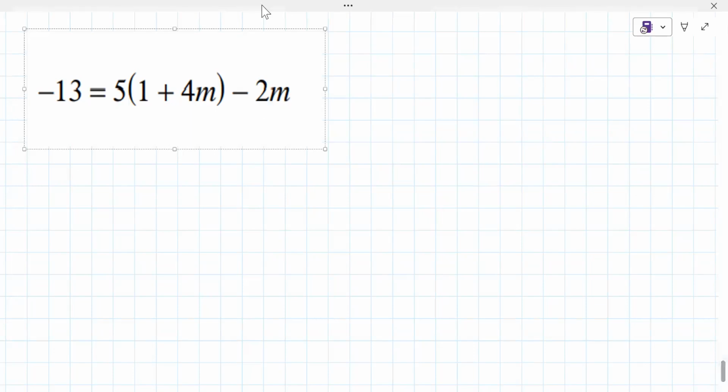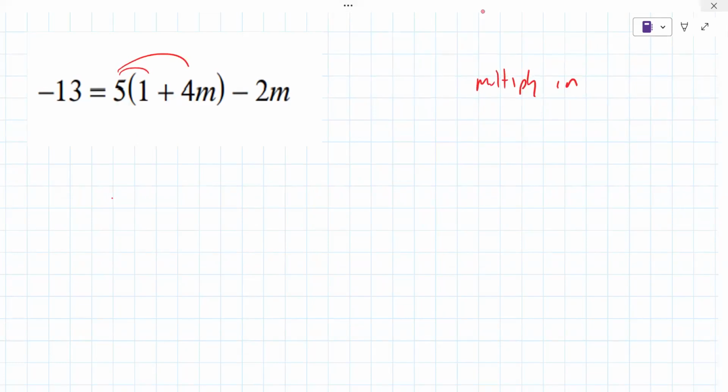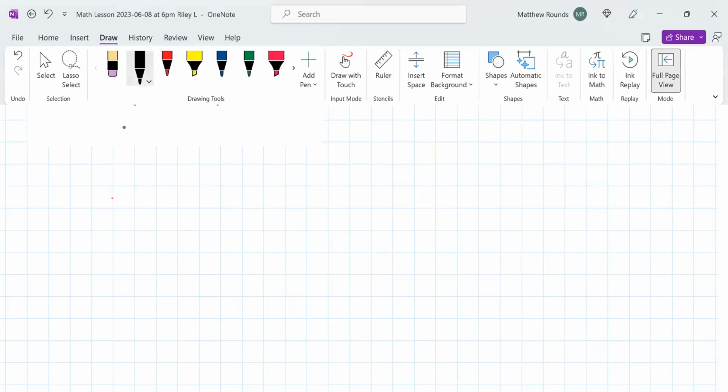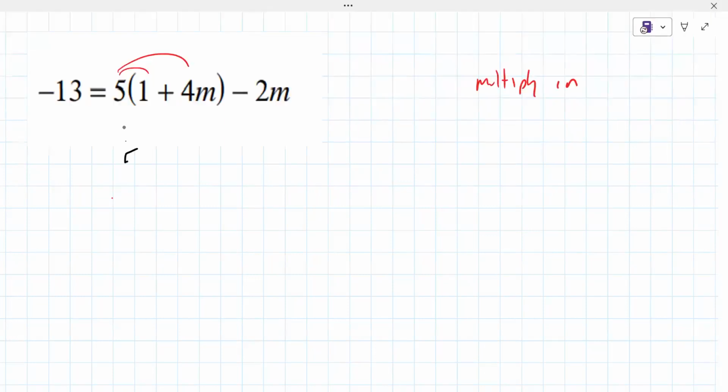So just like in the last problem, when you see a number outside parentheses, you have to multiply in. So this becomes 5 times 1 is 5, 5 times 4m is 20m, bring down the minus 2m, minus 13 equals.